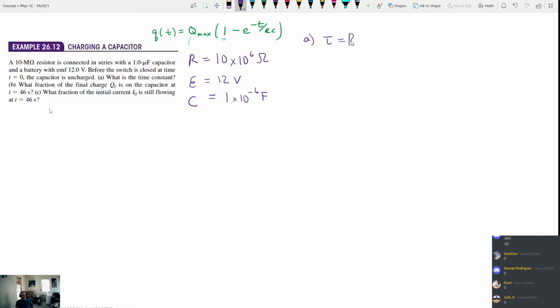As we said before, the time constant is resistance times capacitance. So you take 10 times 10 to the 6th ohms, and we multiply that times the capacitance of 1 times 10 to the minus 6 farads, and we get a time constant that is equal to 10 seconds.